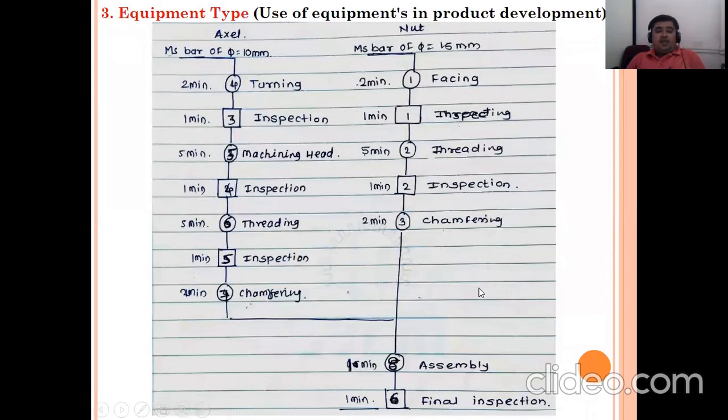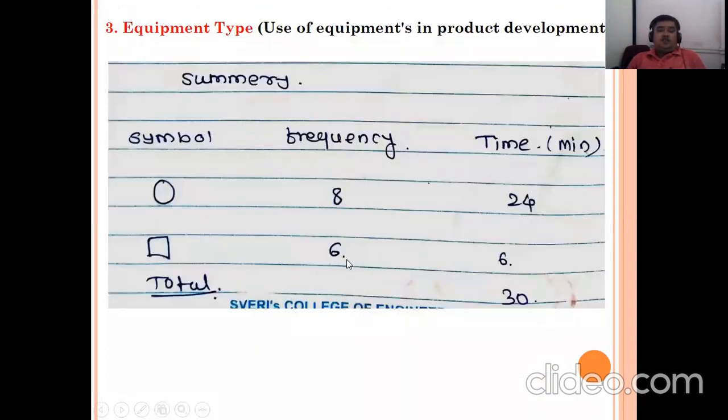Then similarly, the inspection symbol, how many times is it used? 1, 2, 3, 4, 5, 6 times the inspection symbol was used. How much time is required? 6 minutes are required for inspection. So to make the process 24 minutes are required, to make the inspection 6 minutes are required.